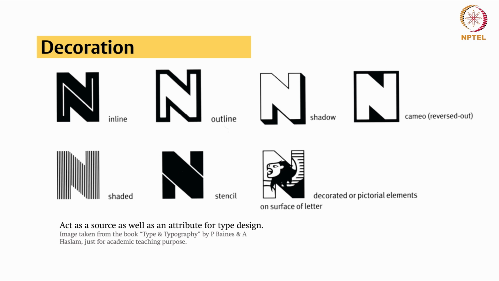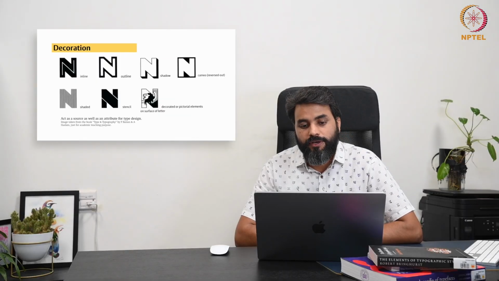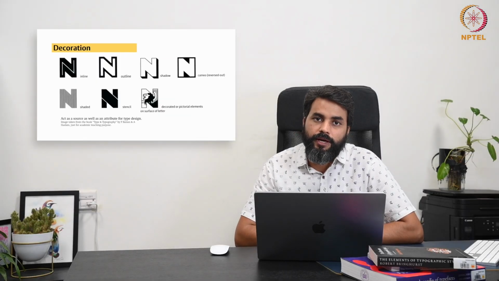For example, go back to the wood type timeline, the early period during the industrial revolution, where text was the only medium to communicate with a mass audience through pamphlets or posters. You will find a lot of wood typefaces which have a lot of decoration, and this decoration also brings a lot of variation within the letterform and within the font family. Clear?